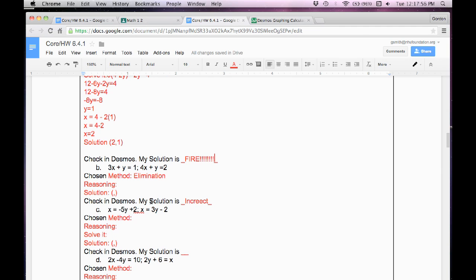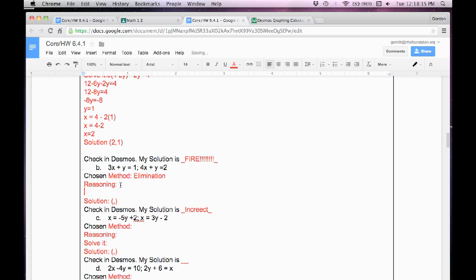All right. B. The method chosen is elimination here because they're both in standard form. What I notice is that if I multiply one of these equations by negative 1, then I'll have a negative y to add to a positive y. So what I'll do is I'll take this equation here, and I'm going to solve it by multiplying this by negative 1.